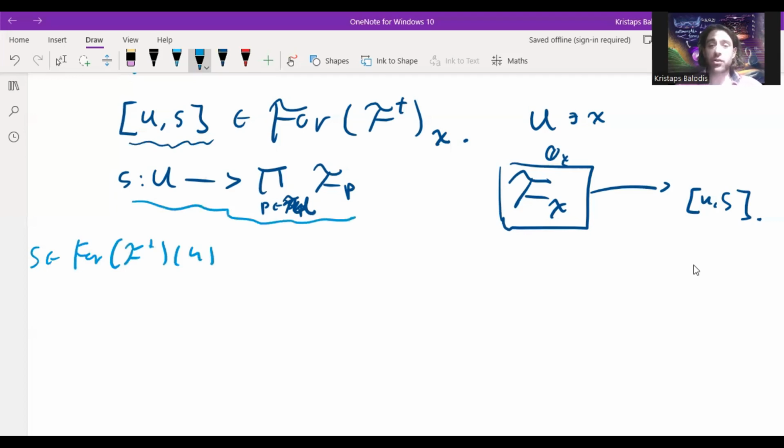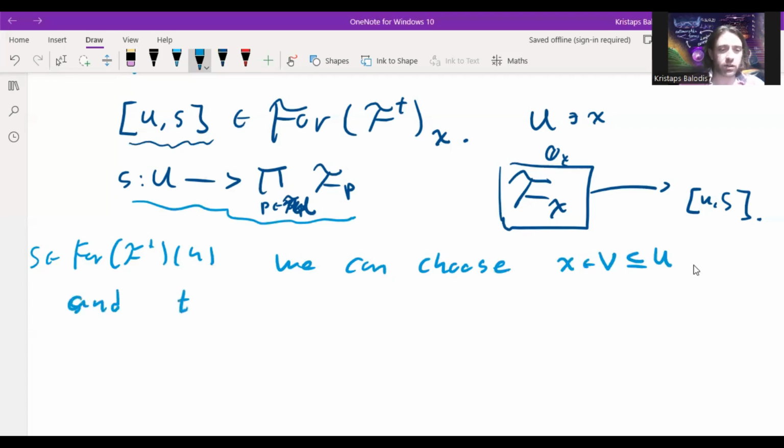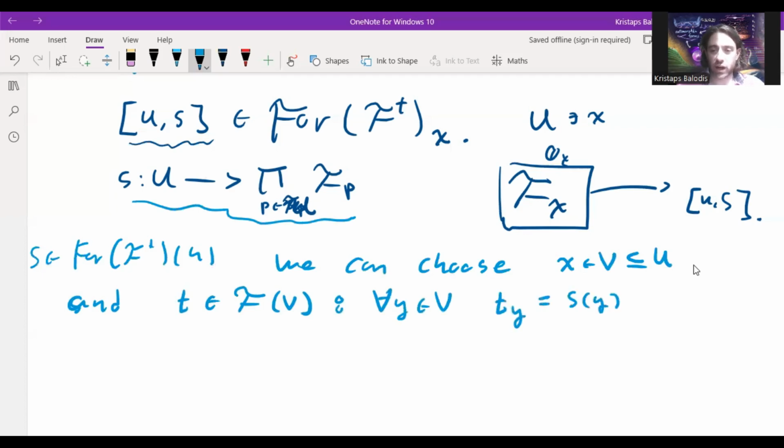Well, that property says that in particular, we can choose an open set V sandwiched in between x and U, and we can find a t, which is a section of F over V, such that for all y in V, the germ of t at y is just the value of the function s at y.